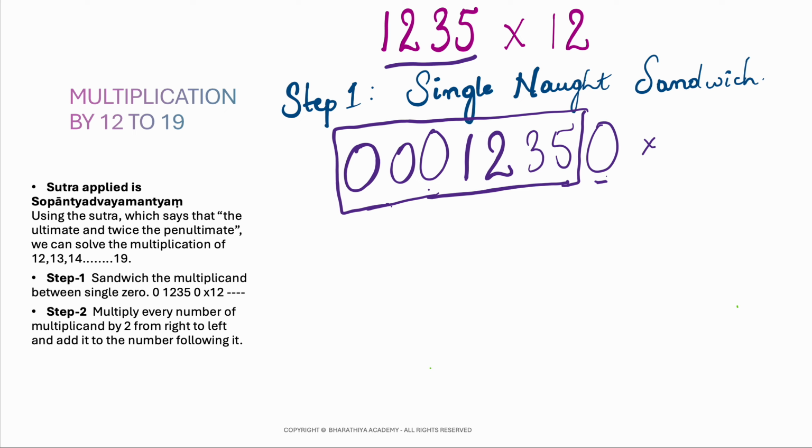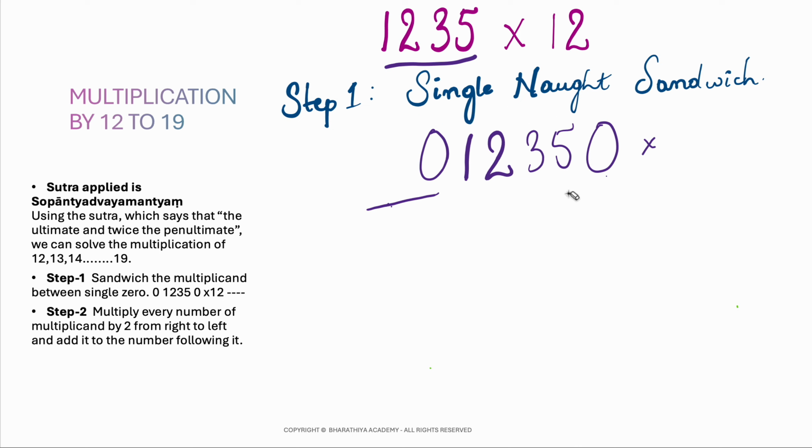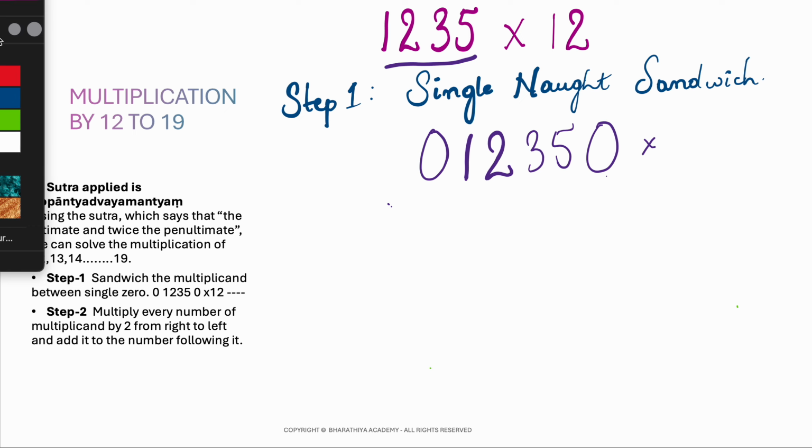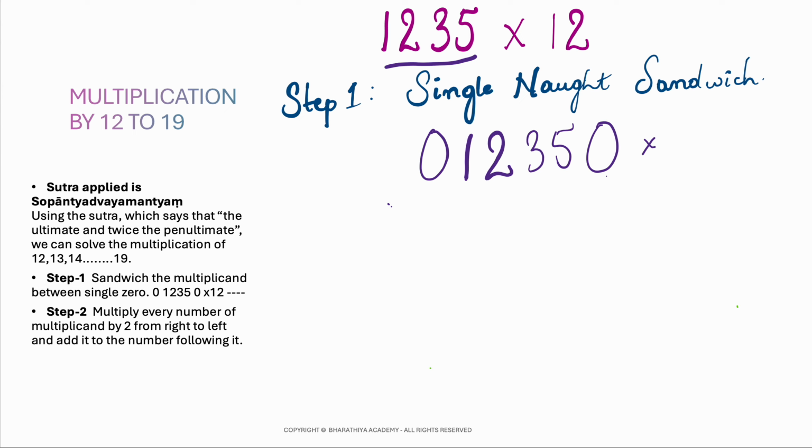After that, we will go to step 2. In step 2, you will have to listen a little carefully. We will consider this 2 and write it here. And why only 2? Because the number here is 12.